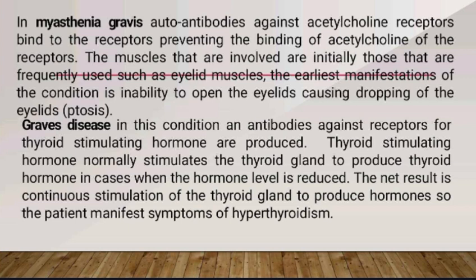Myasthenia gravis is a neuromuscular disease that is characterized by progressive muscle paralysis.